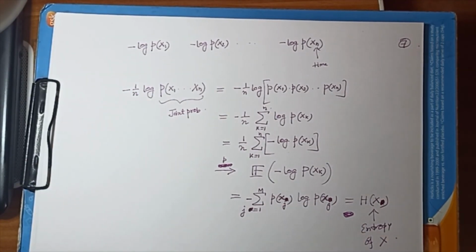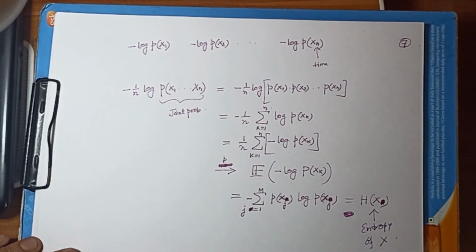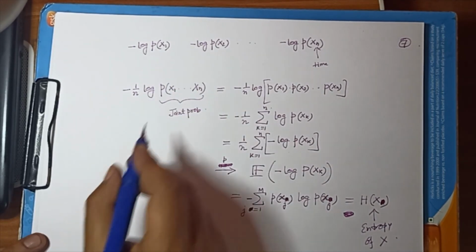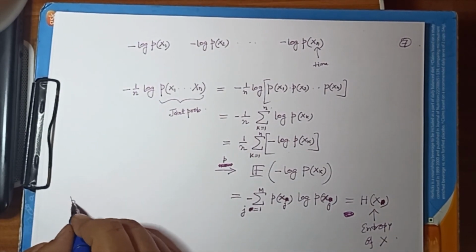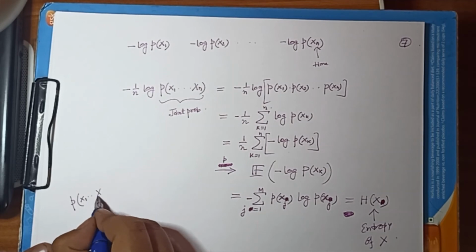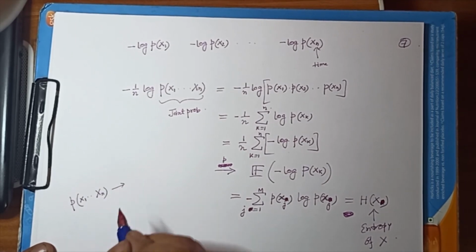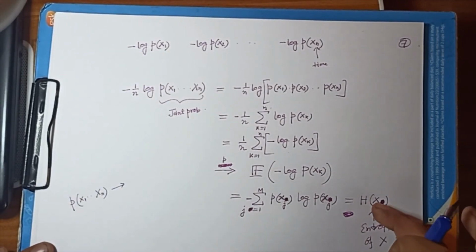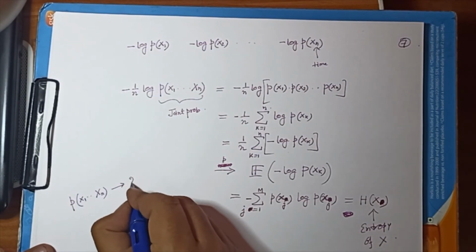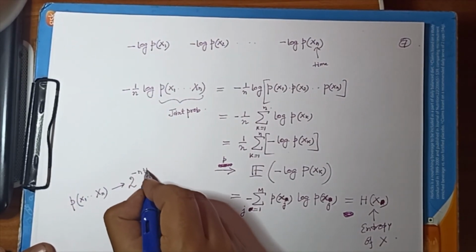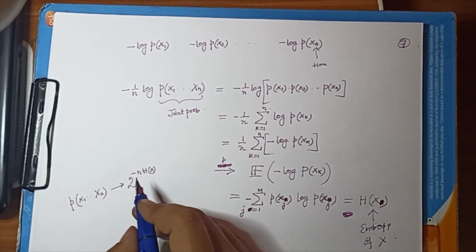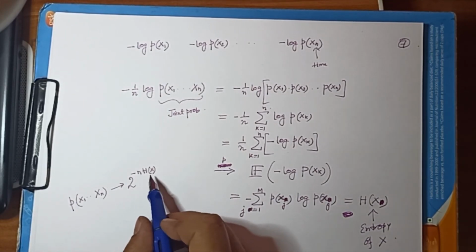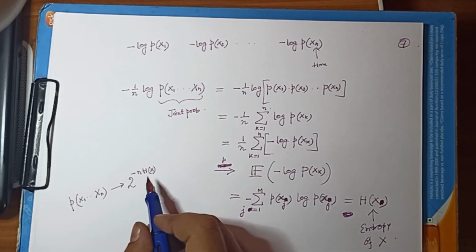What is the significance of that? What does this mean? You see what is happening to the joint probability. In some sense, the joint probability of x1 to xn is moving towards 2 to the power minus n H(X). And H(X) is a constant, so minus n H(X) is a constant, so 2 to the power minus n H(X) is a constant.